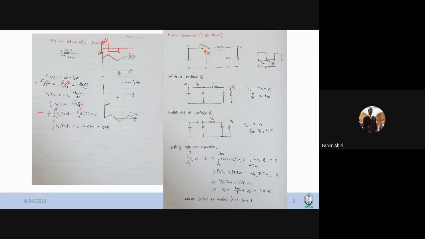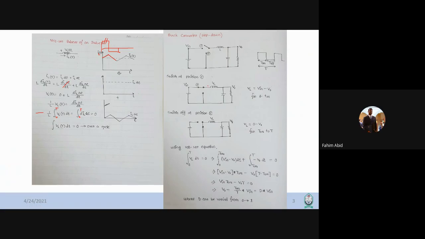And then we have a switch which can connect to either position number 1 or position number 2. In the first case, when the switch is connected at position number 1, the voltage across the inductor, VL, can be written as V in minus V out.